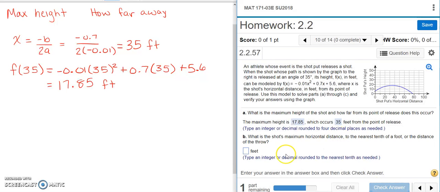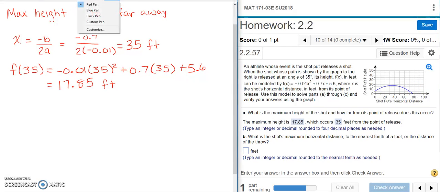Okay, so the next question. What is the maximum horizontal distance to the nearest tenth of a foot, or the distance of the throw? Basically, how far does it reach before it hits the ground? The key thing with hitting the ground is that my height is 0.